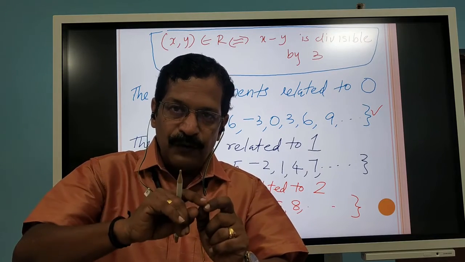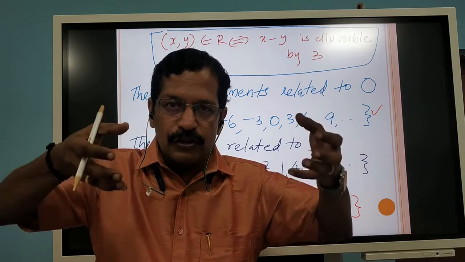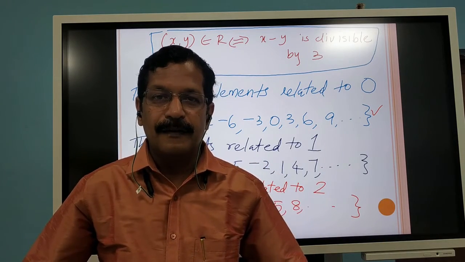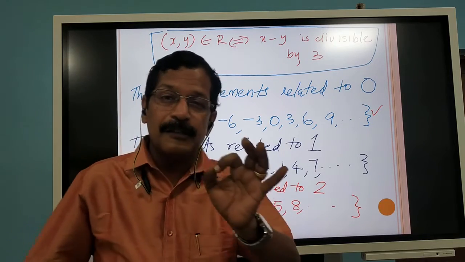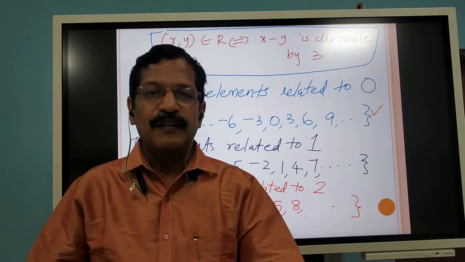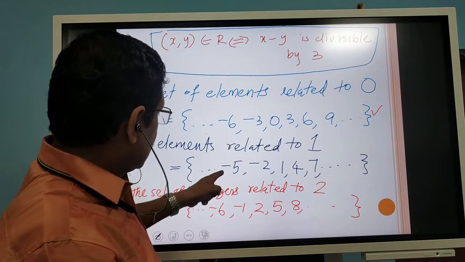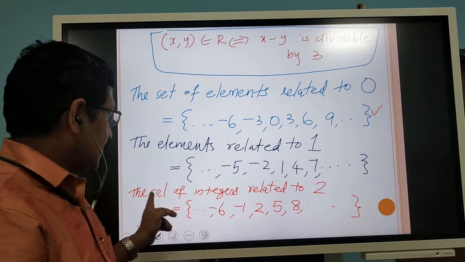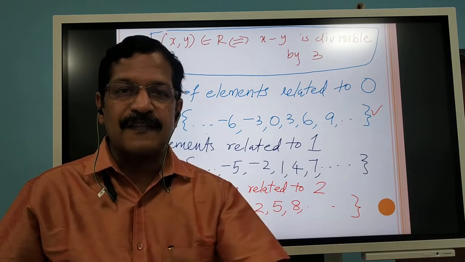Now, with the help of that R, I have divided the integers into 3 disjoint sets. This process is known as the partition of the set. And each set, the set of all related to 0, the set of all related to 1, the set of all related to 2, is called an equivalence class.